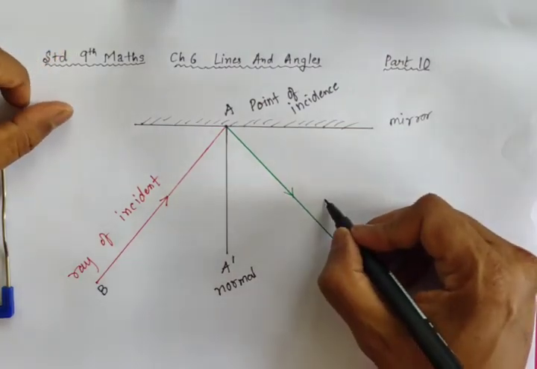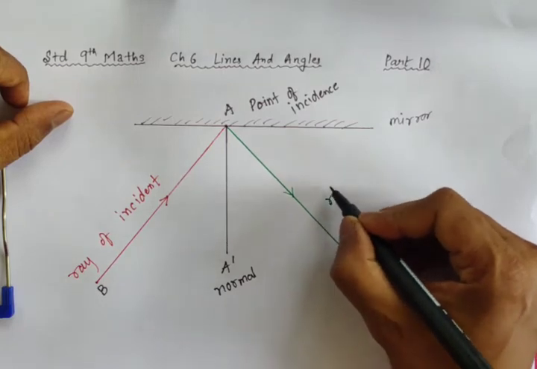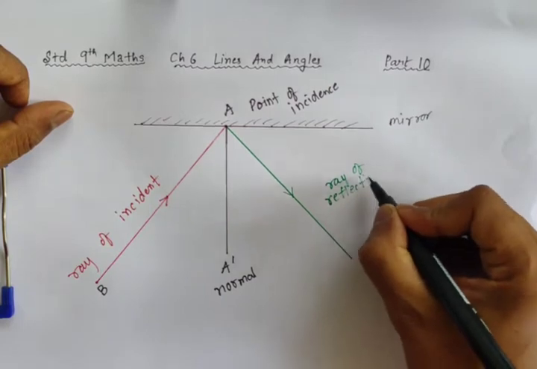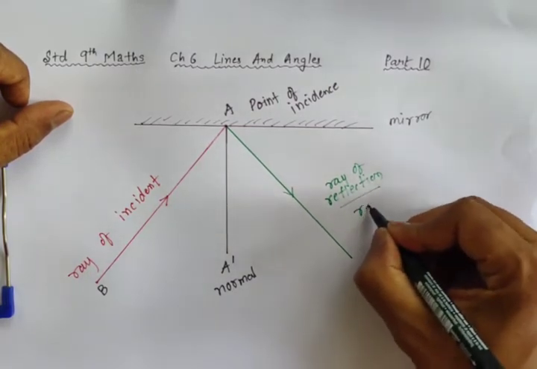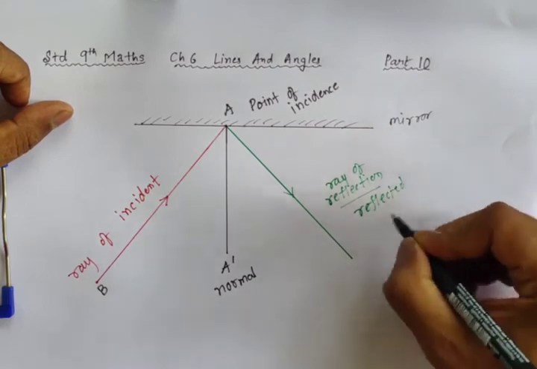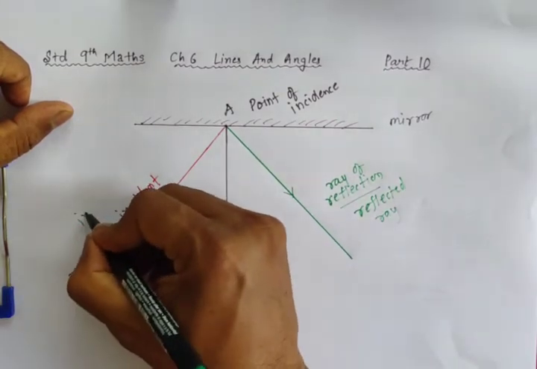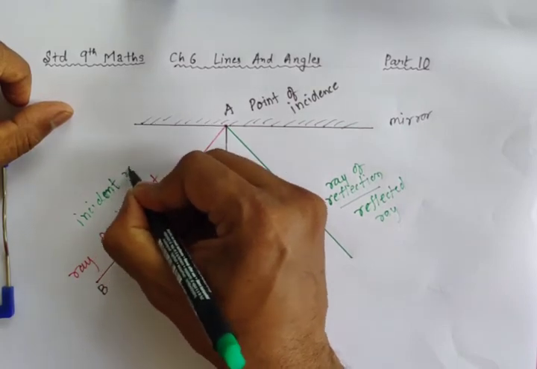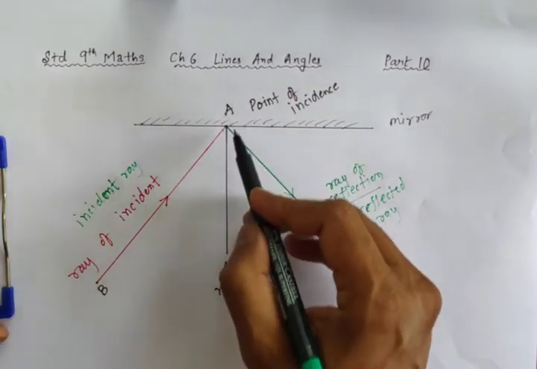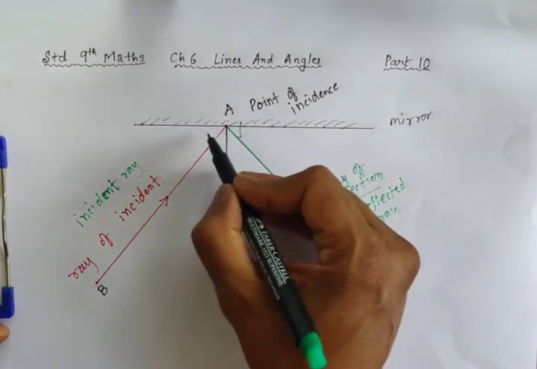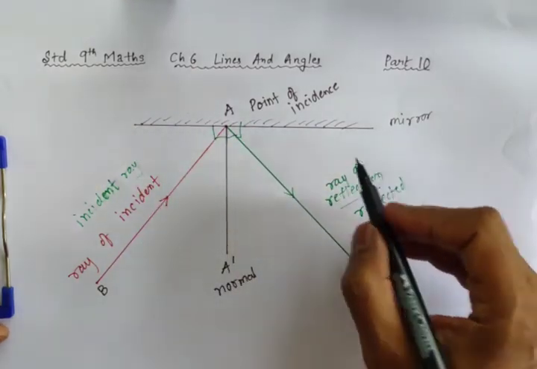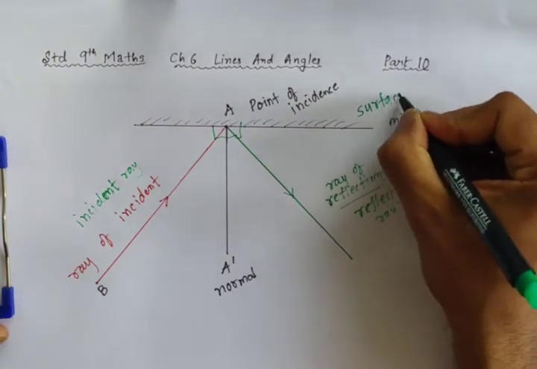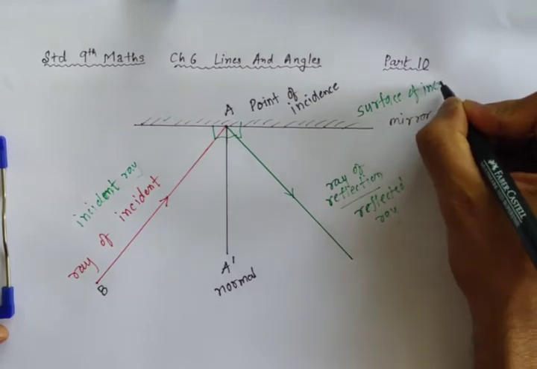This is called the ray of reflection, or simply the reflected ray. This is simply called the incident ray, and this one is the normal, which is perpendicular to the surface of incidence.